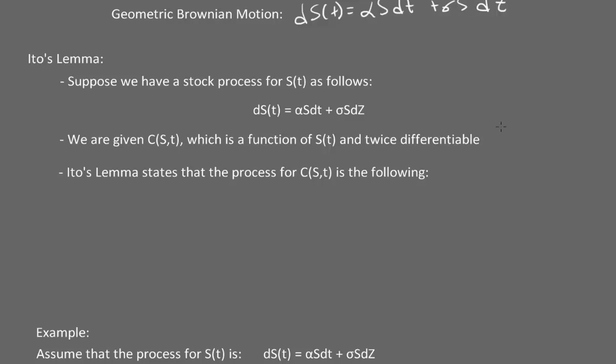Now the final concept we'll cover today is Ito's lemma. So suppose we have a stock process S(t) that is a geometric Brownian motion. We are given C, which is a function of S and is twice differentiable.